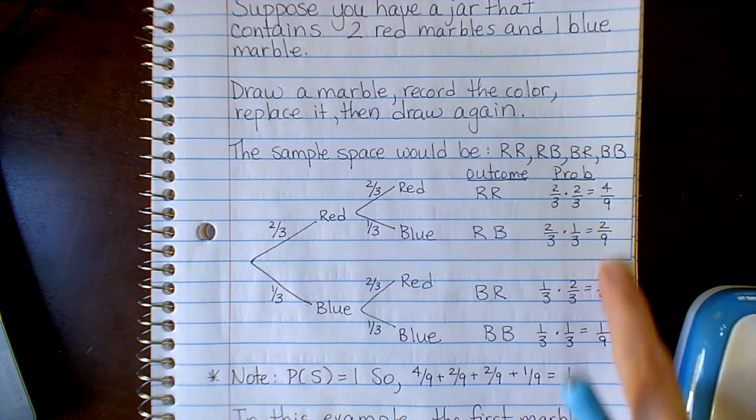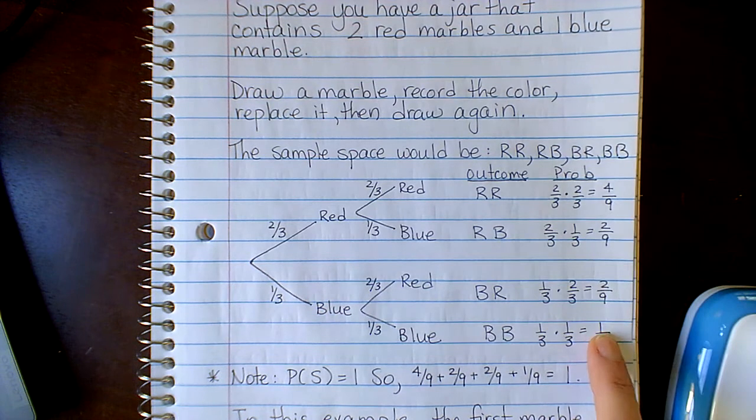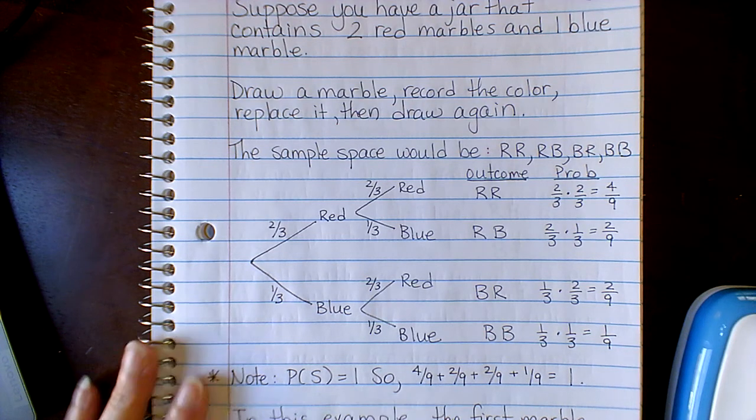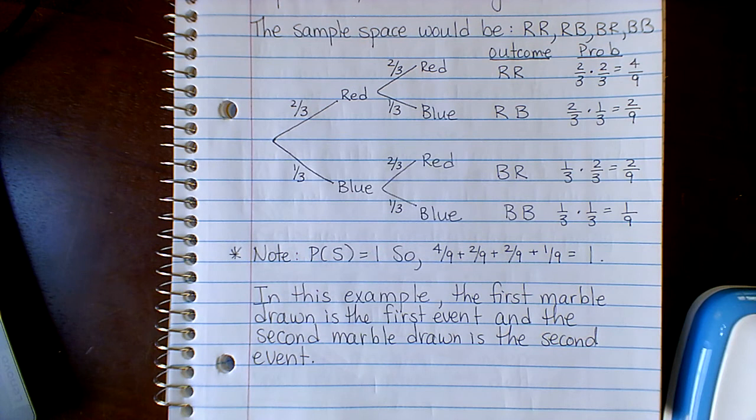Now notice that this makes up the entire sample space. These probabilities better add up to 1 or else you've missed something. Okay? So in this particular example, the first marble drawn is the first event, the second marble draw is the second event. So that's the multi-stage experiment. Right? So I've got two separate things happening here.